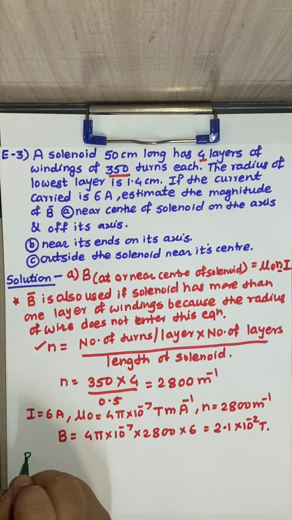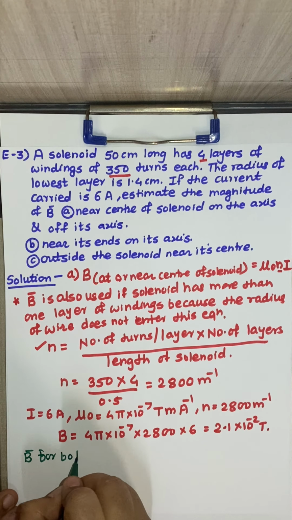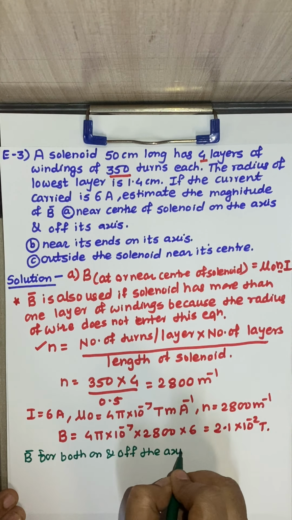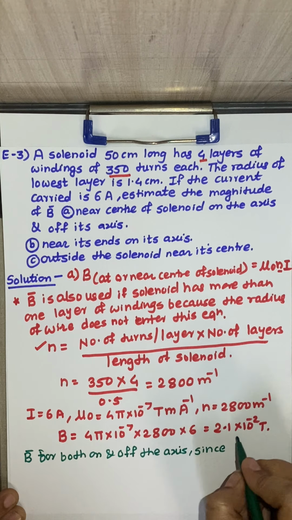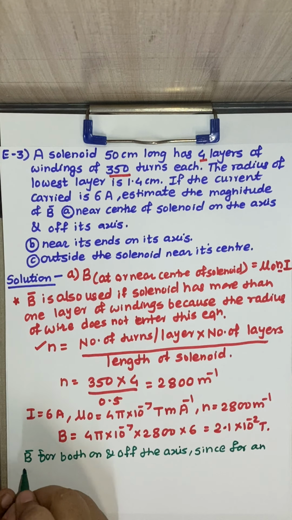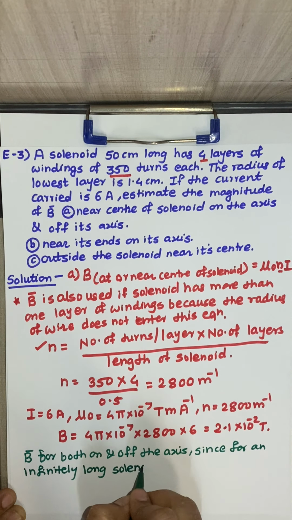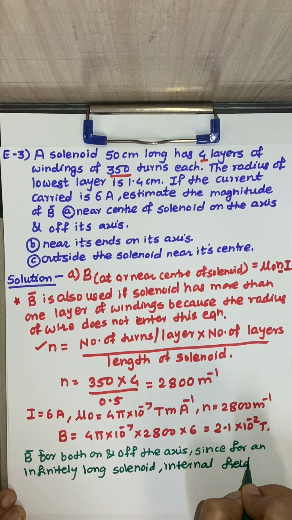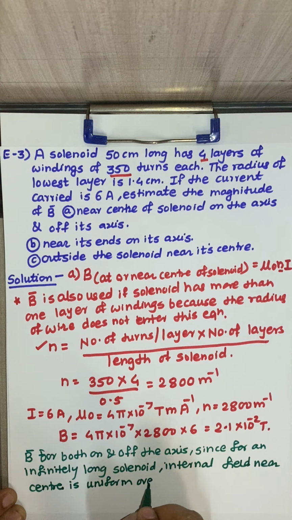The value of B for both on and off the axis, since for an infinitely long solenoid the internal field near the center is uniform over entire cross section.